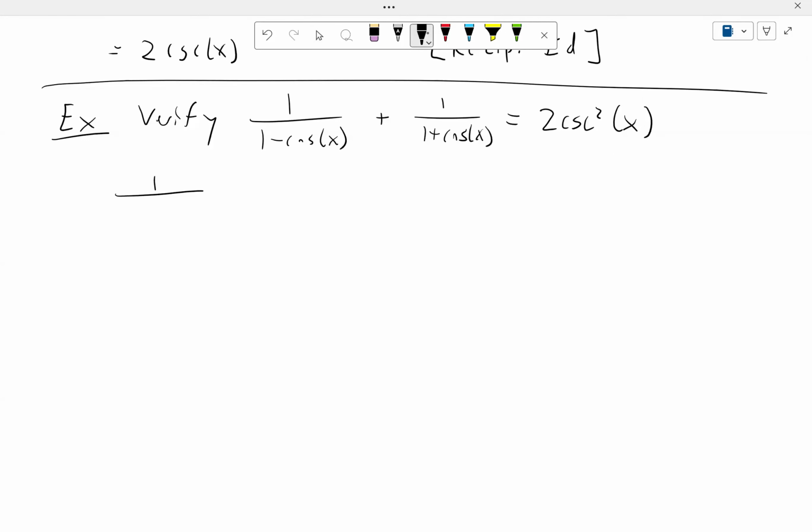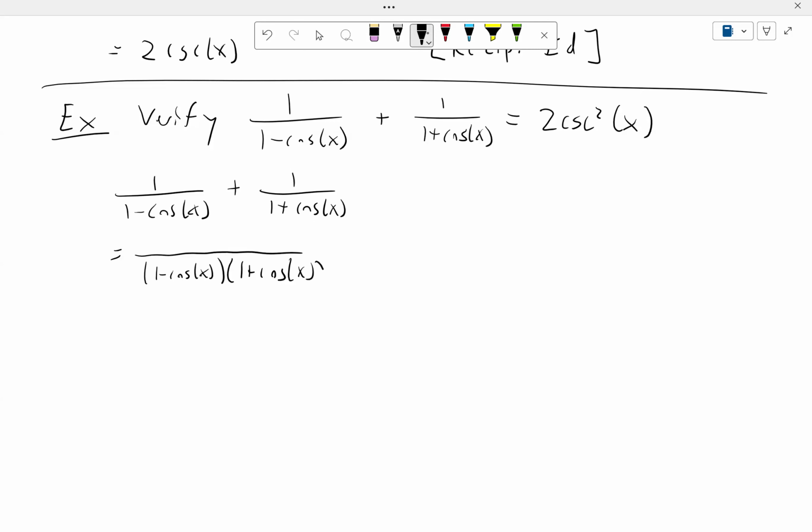So I'm going to have a 1 over 1 minus cosine of x plus a 1 over 1 plus cosine of x. And you might notice a little theme here that when you have fractions and you're adding them together, it's good to get a common denominator as a first step. Do algebra first, basically. So my common denominator is going to be 1 minus cosine of x times 1 plus cosine of x.